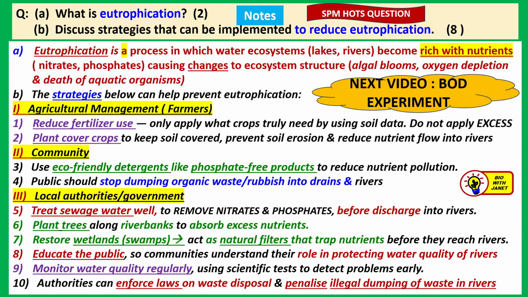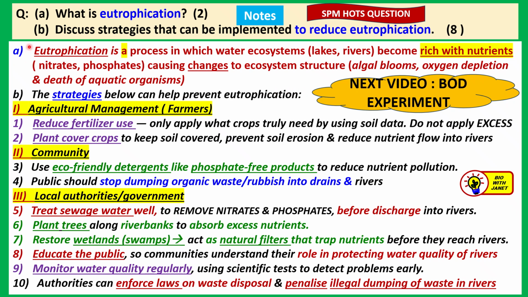Now, lastly, here is the whole answer for the question: what is eutrophication, and discuss strategies that can be implemented to reduce eutrophication. This is the essay answer. You can jot this down in your notebook, and it is a type of SPM HOTS question, soalan ramalan, that can be asked in the exam, as it's not been asked before.